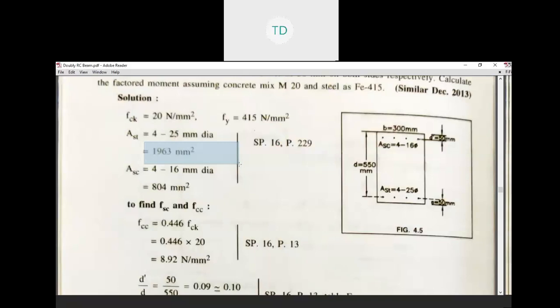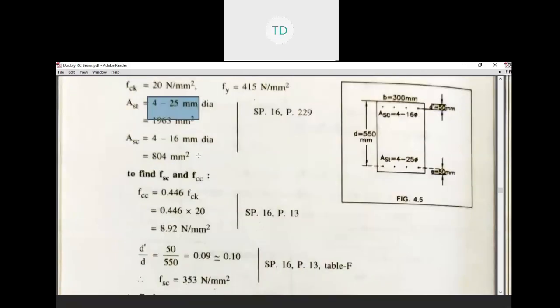As I said earlier, area of steel is equal to pi by 4 d square into the number of bars given in the problem. Pi by 4 into d, which is 25, into d, 25. We get the area of a particular 25 mm diameter bar. Multiplied by the number of bars, we get 1963 as the total Ast of four numbers of 25 mm diameter bar.